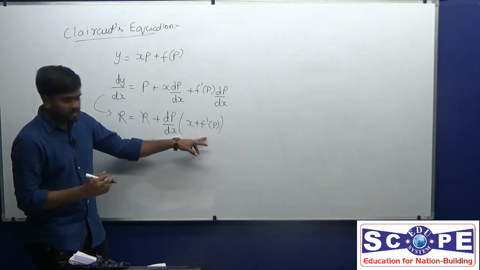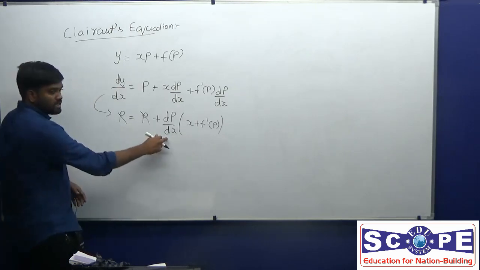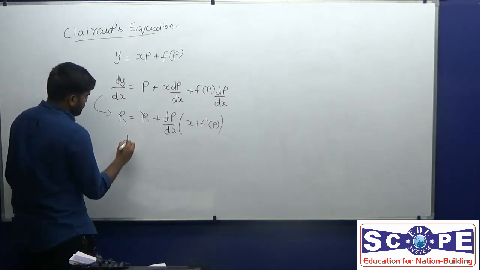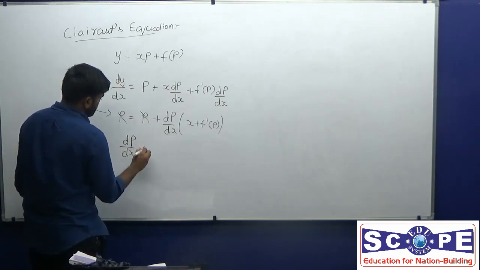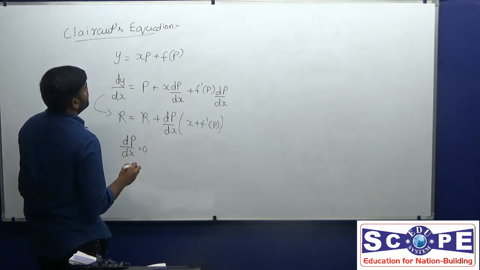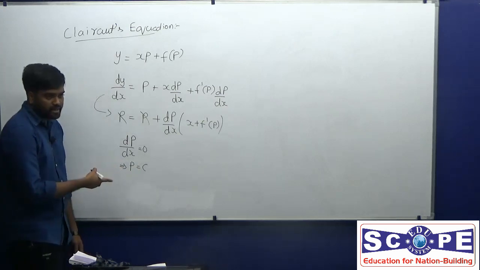But this term doesn't have any dp by dx or dp by dy, so we will take this one as 0. dp by dx equals to 0. That implies if you integrate it, p you will get as constant only, right?